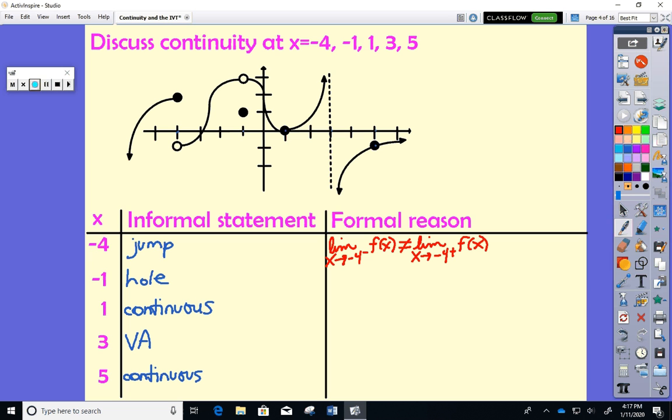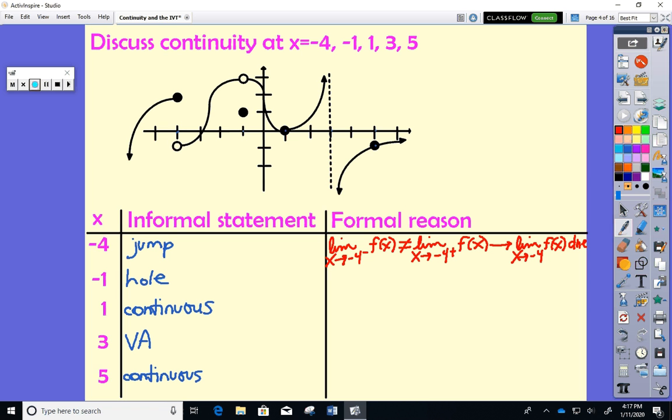Well, what's that tell us? So I know that means that the limit as x goes to -4 of f of x does not exist. So that would be the reason that I have a jump discontinuity.